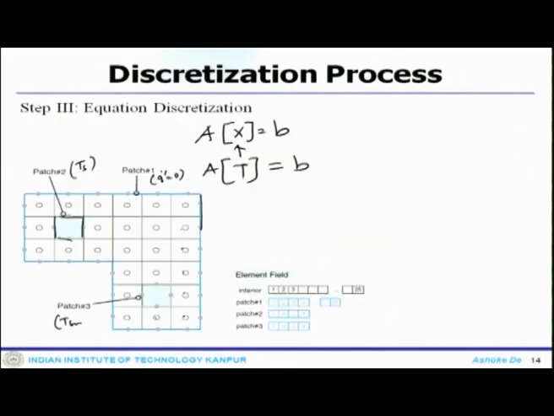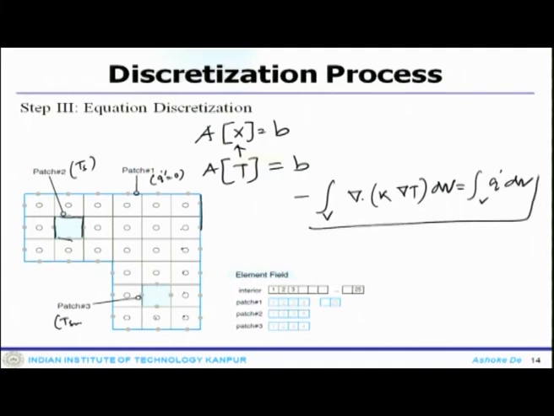What equation you are going to solve here for all these points is del dot k del T dV equals q dot dV. This equation is valid inside the domain as well as at these phases, but at these phases there will be a boundary condition for T. So I have to apply my boundary condition.